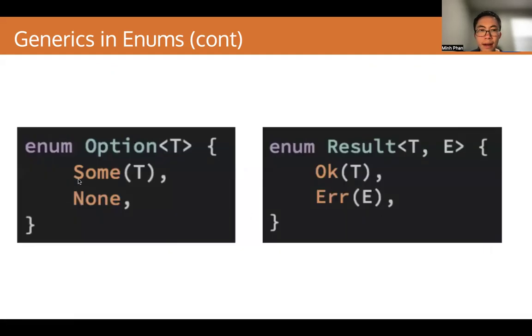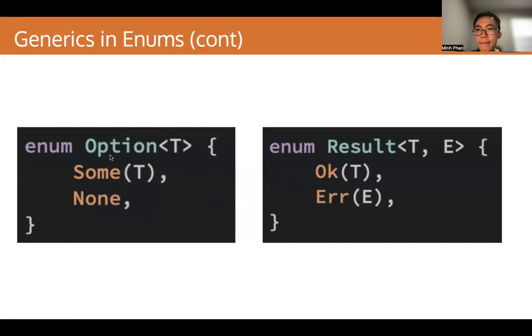And the Option and the Result, which you are familiar with, also contain generics. And here are the declarations for these enums. For the enum Option, the Some variant contains a value of the generic type T, and the None variant contains nothing.